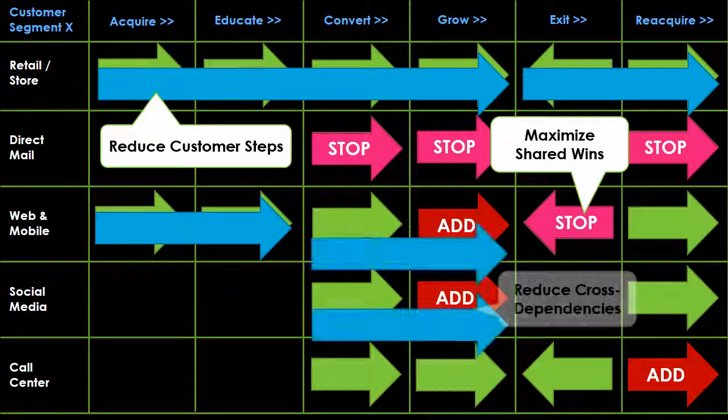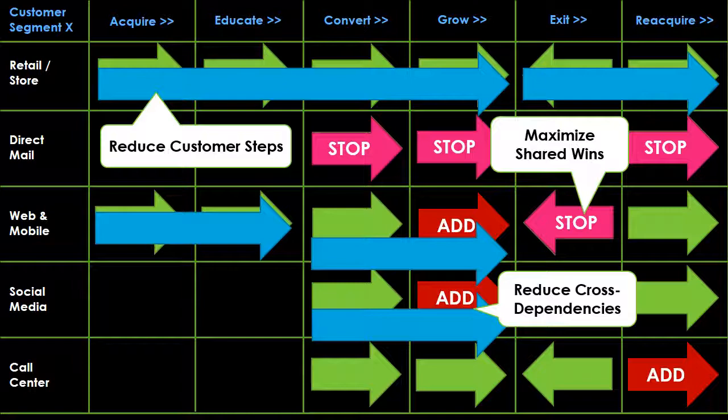The next one I'll mention is reduce cross dependency. If you have steps that force a user to jump across channels, let's say from web they have to go to retail to complete a specific journey, you're adding frustration, and you're also going to reduce your conversion. Not only that, you create the need for a tighter integration between web and retail.